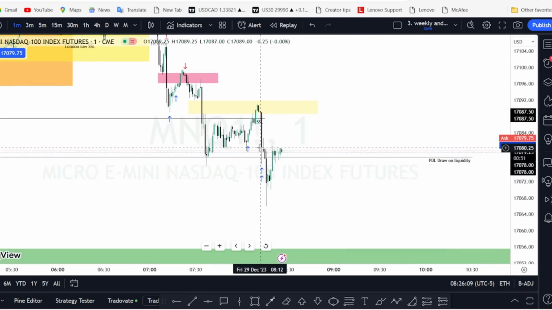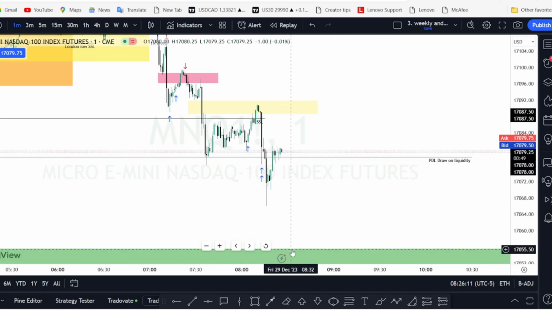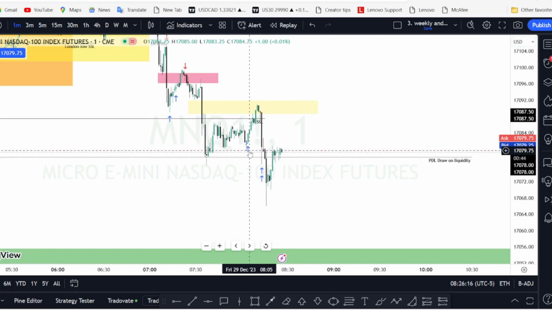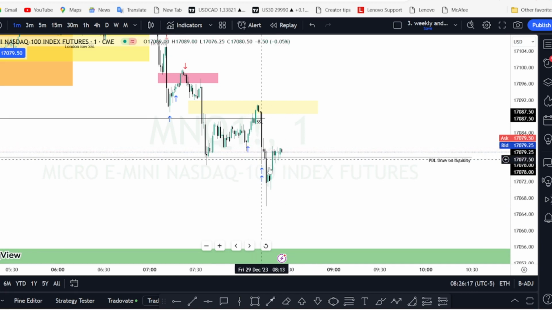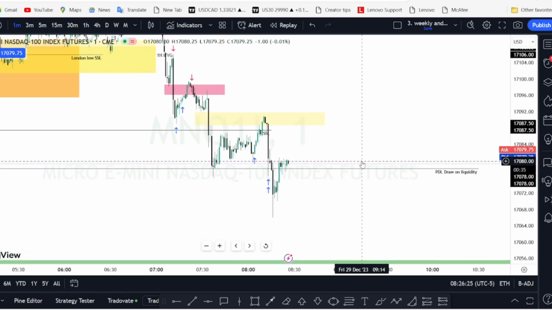So we targeted that. My last TP was here. Then the first one was here. I missed it at the first time, so I had to go out here. But the rest of the trades, I just had to take out as it approaches this liquidity. Then I need to reset, wait for NYSE, and look where the market is taking us.